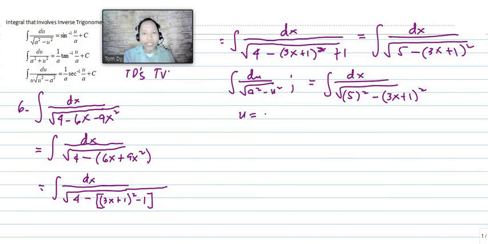Our u for this case is 3x plus 1. Its derivative, so du equals the derivative of 3x plus 1 equals 3 dx. This one is dx. This one is 3 dx. Therefore, we can make use of this formula.